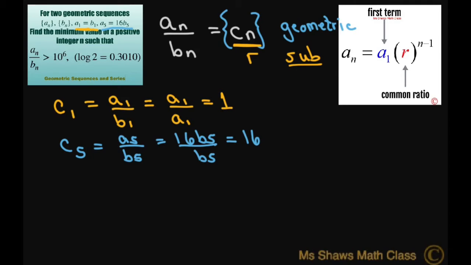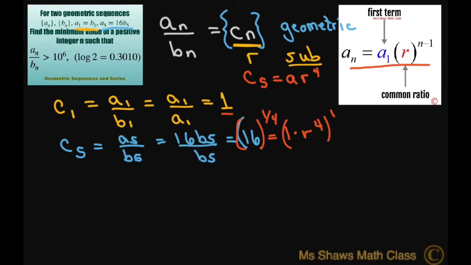And remember, for c sub 5, this really equals a times r to the power of 4, using this formula. My a is 1, so this is going to be 1 times r to the power of 4, which equals 16. If you raise this to the power of 1/4, that means r is going to equal 2.